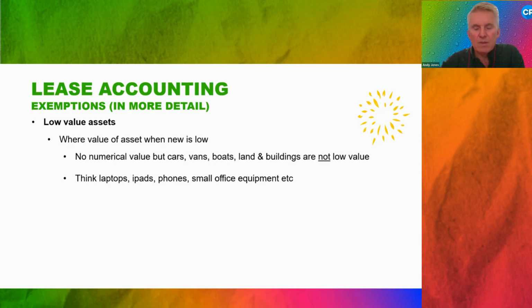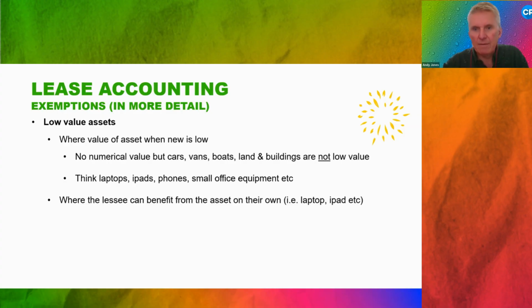Now, the other thing with the low value asset exemption is that, for the particular asset under that lease, you, the charity, the lessee, have to be able to benefit from that asset on its own. So, i.e., a laptop or an iPad, just an independent asset, and you can benefit from that asset in its own right.